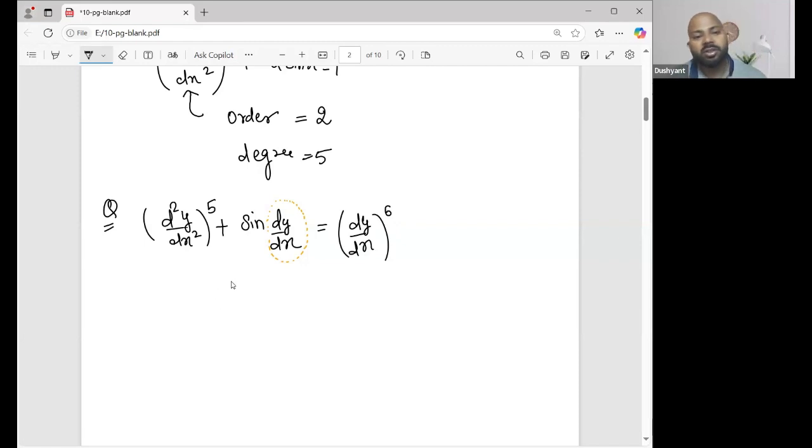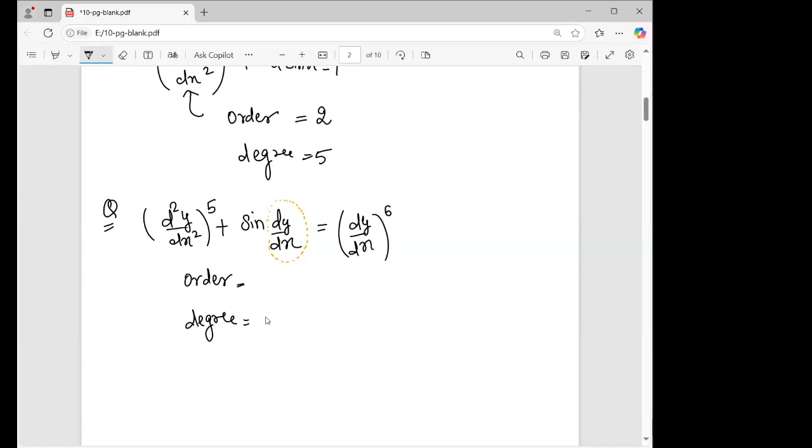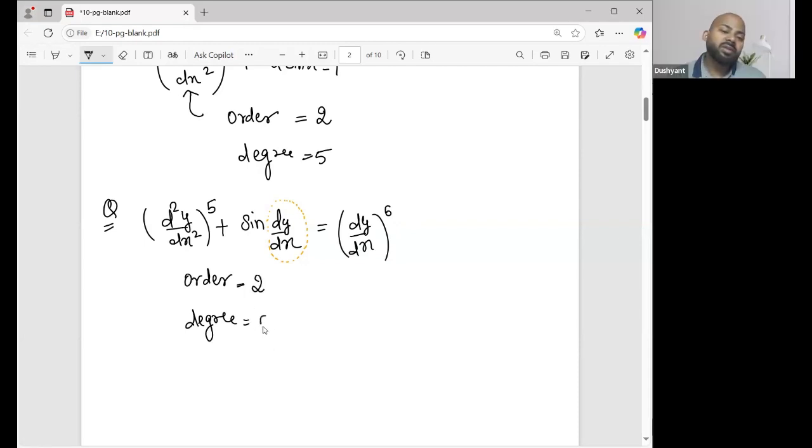Now here, what is the order and what is the degree? The order is 2, and now let's hear the catch. The order is 2, but we have no degree defined. Not defined. When we call the degree not defined, let's try to understand.